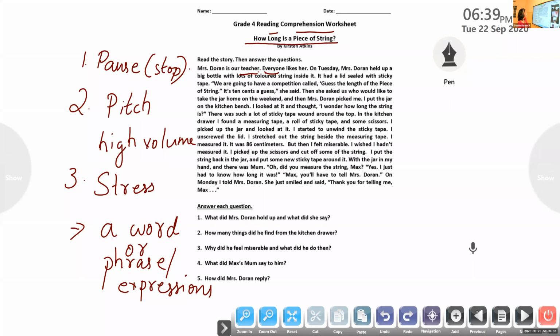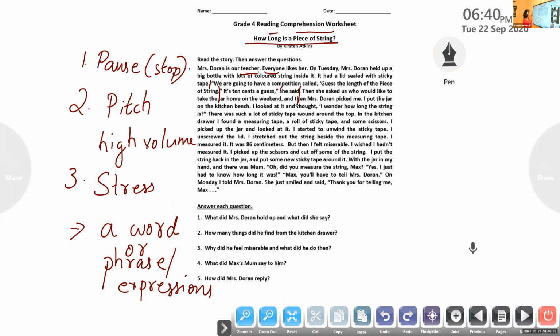And Gopika, Parvati, and Amrita will be taking, not dividing, taking. It had a lid sealed with sticky tape. Another three sentences you can take. We are going to have a competition called, okay, it's 10 cents a guess, she said. Ma'am. Yes? Ma'am, I did not hear you properly.